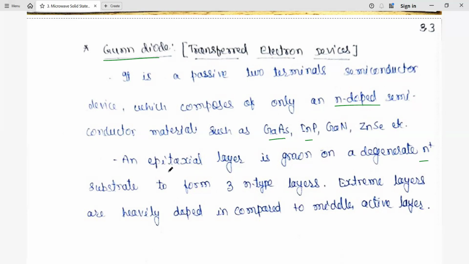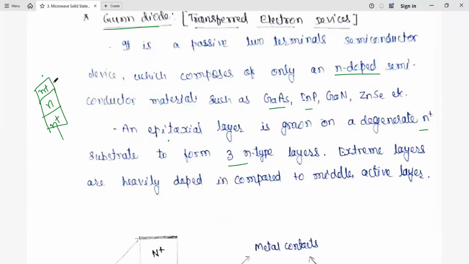On this, an epitaxial layer is grown, so it has three N-type layers. Later we are going to see that we have N plus, on this an epitaxial layer is grown. Again, one more layer is grown, and both sides are highly doped, and the center part is normally doped. So if you compare that middle layer, the other two extreme layers are highly doped.